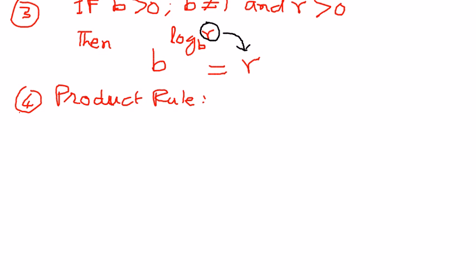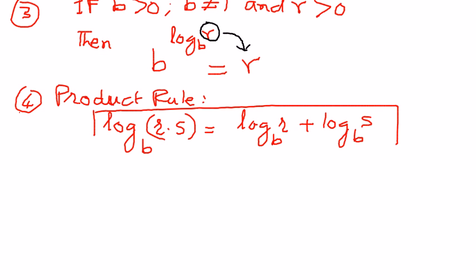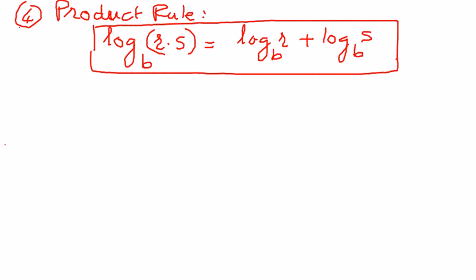In this product rule, if we have log, let's say, r times s to the base b, we can write this one out as log r to the base b plus log s to the base b. This is what is called the product rule.